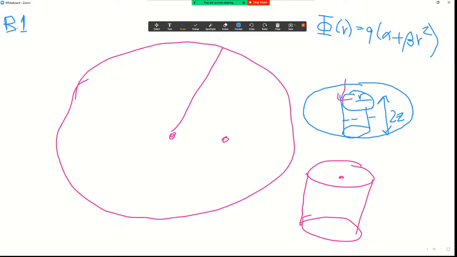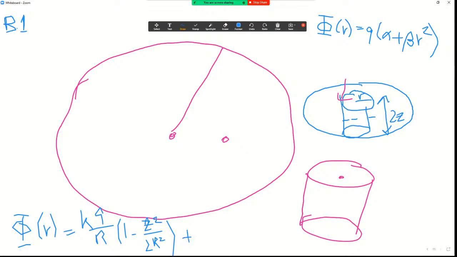Well, that's fine, I think, because from the last part, we found the general potential is going to be like this, plus the beta r squared term.